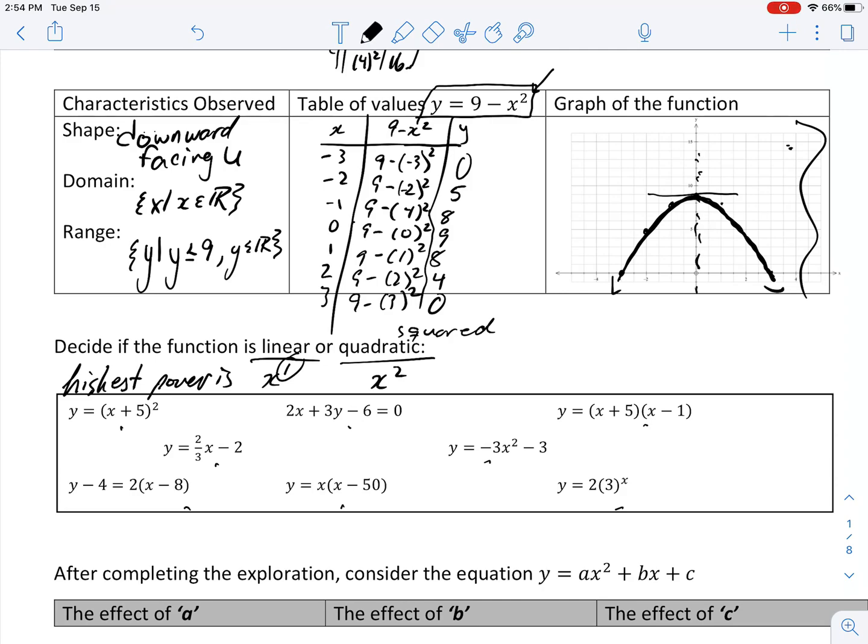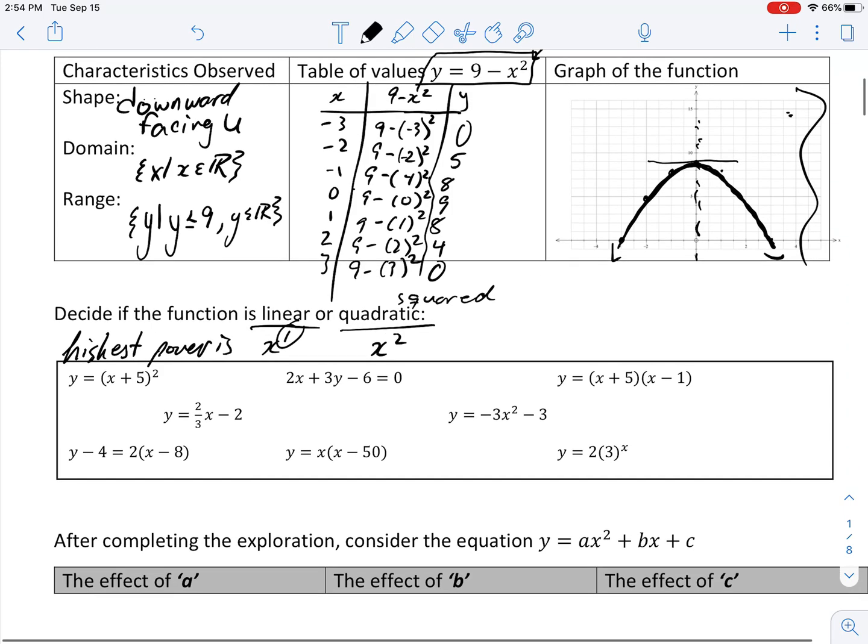So if you look at these for a second and pick out which ones you think are quadratic and which ones you think are linear, pause it and try that, and then come back and I'll tell you the answers. So if I look at, say, this one to start off, I don't have any x squareds. This is linear.